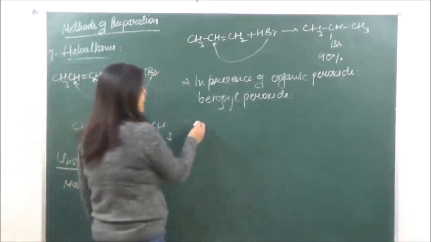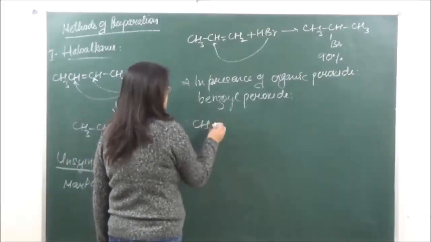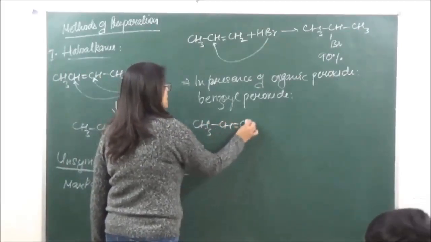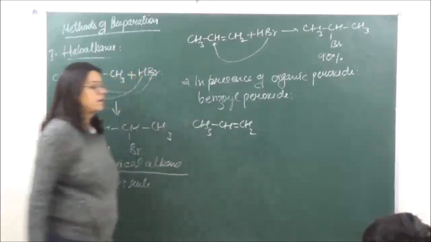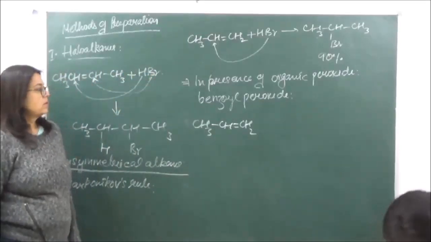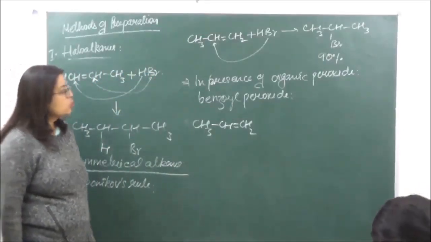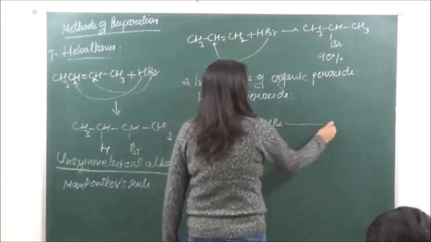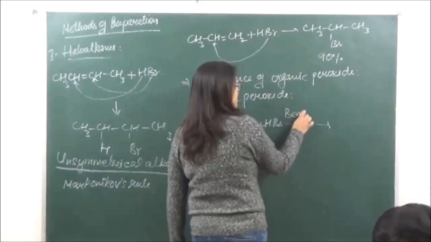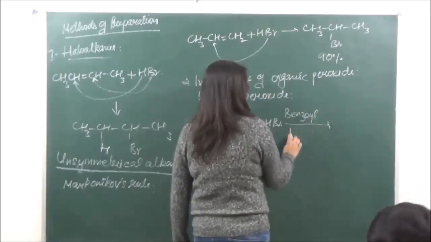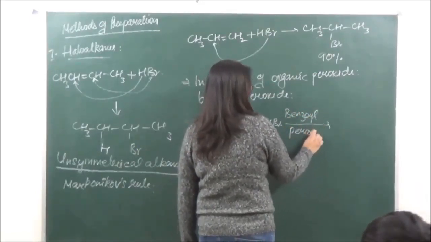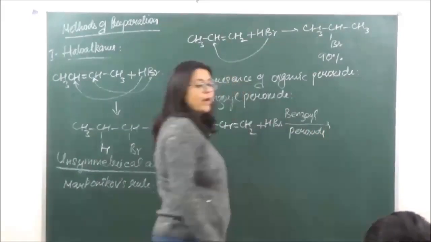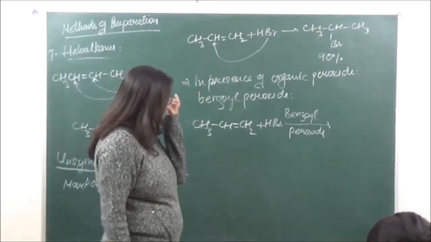So if you're doing the same reaction, CH3-CH=CH2 plus HBr, and we are taking benzoyl peroxide here, what are we going to get?